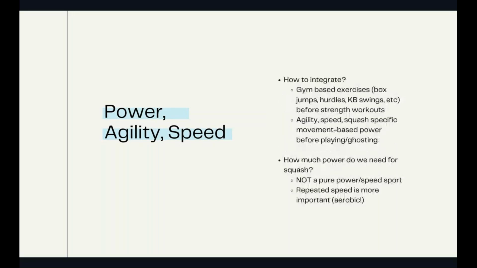Okay, last thing on power, agility, and speed. And we touched on this earlier, but I was talking about how we can integrate these methods. So what I like to do, because it flows so efficiently, is simply to do more gym-based exercises like box jumps, hurdles, kettlebell swings, etc., before strength workouts. And then I like to do agility, speed, and squash-specific movement-based power like explosive lunges, either before playing or before ghosting.